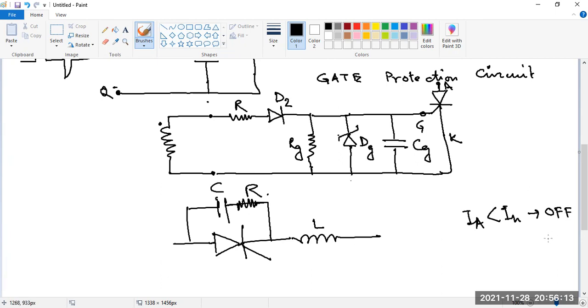So this is called the natural commutation of the device. So you cannot turn off the device; the only thing you can do is turn it on at some time. Am I right? If we want to forcefully turn it off, then we need a separate circuit, and that is called the force commutation circuit. That process is called forced commutation.